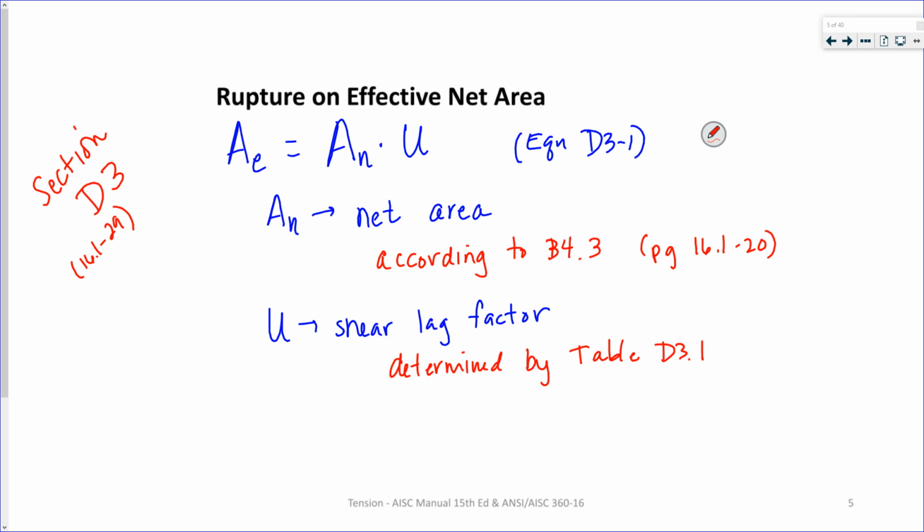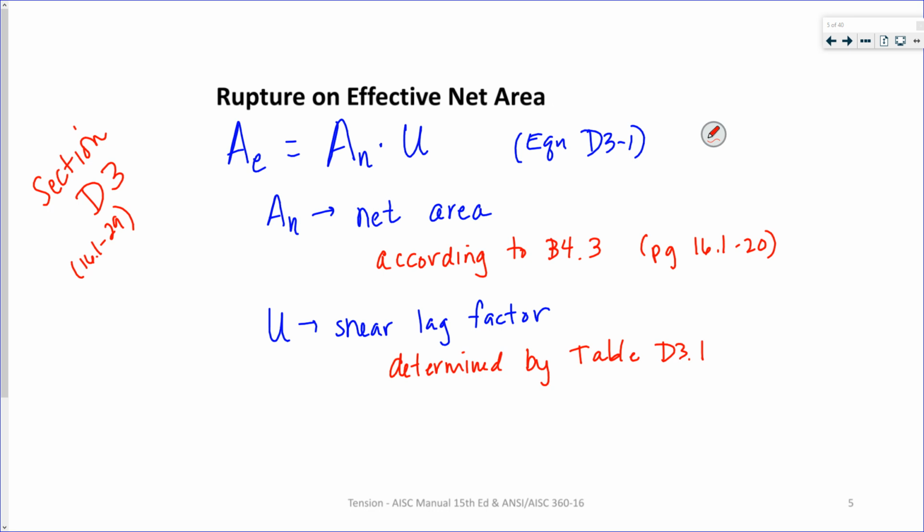The gross area of a member is the total cross-sectional area. The net area is the sum of the products of the thickness and the net width of each element. The biggest part we're going to talk about is computing the net area for tension and shear.